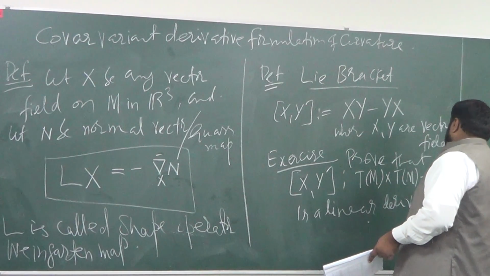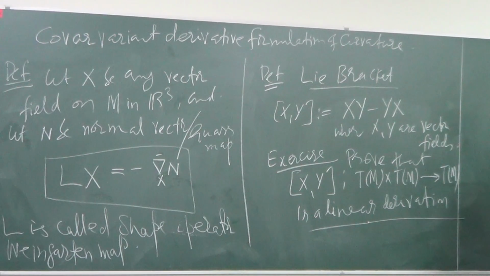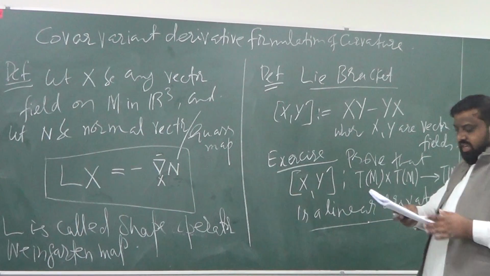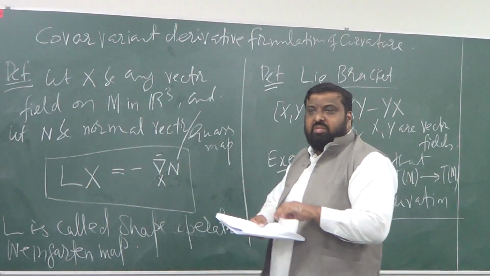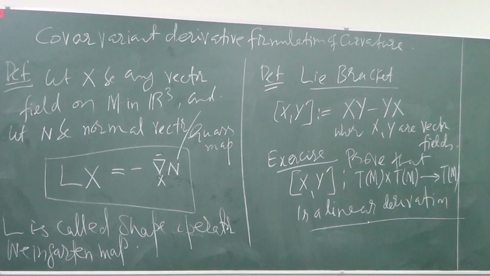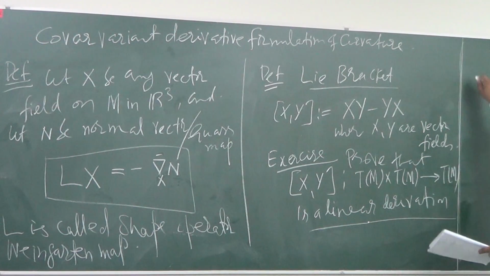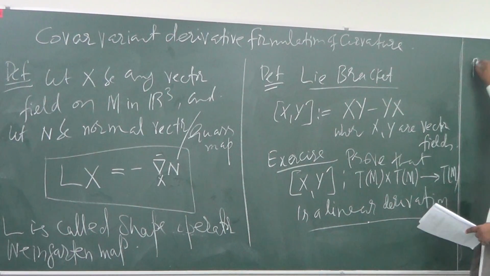So this map is a linear derivation. In other words, it's linear and follows the product rule of differentiation. So that's what you have to prove for yourself. It's also a proposition here, and if you wish you can see it from here, but you can give it a try yourself.